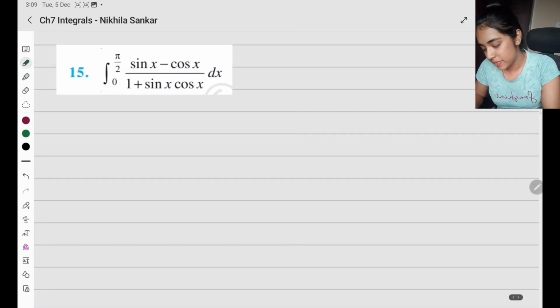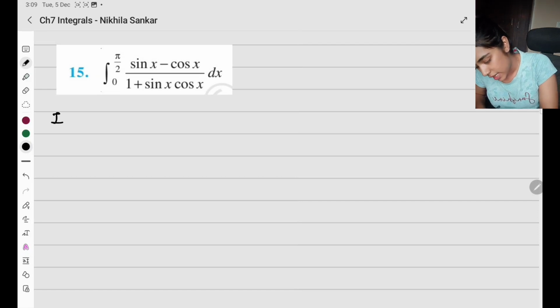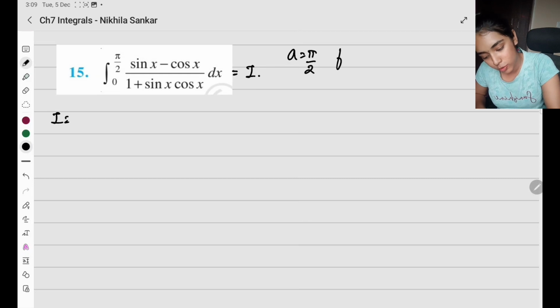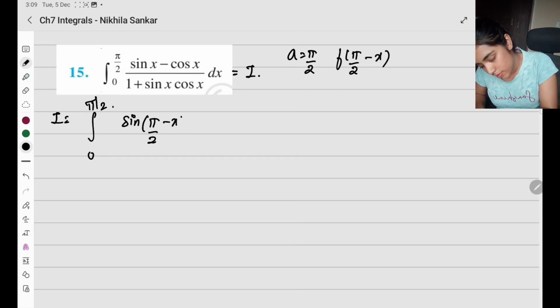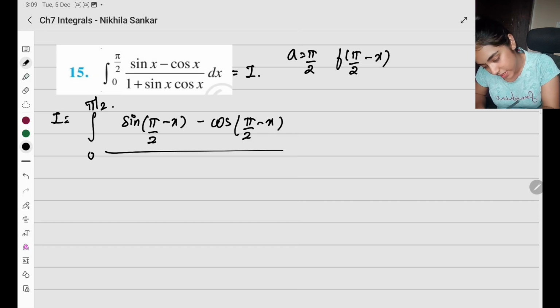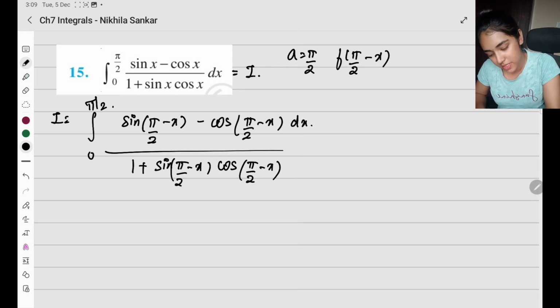Question number 15. Again using property number 4. When I use property 4, my a value is pi by 2. So we solve f of pi by 2 minus x. I have the integral of 0 to pi by 2 of sin of pi by 2 minus x minus cos of pi by 2 minus x divided by 1 plus sin of pi by 2 minus x cos of pi by 2 minus x times dx.